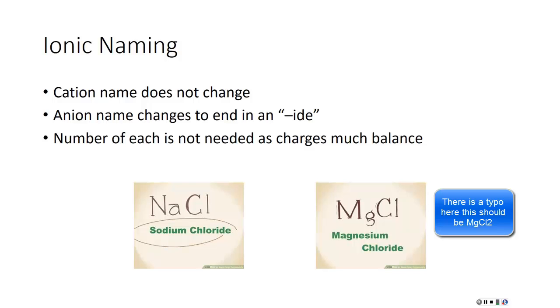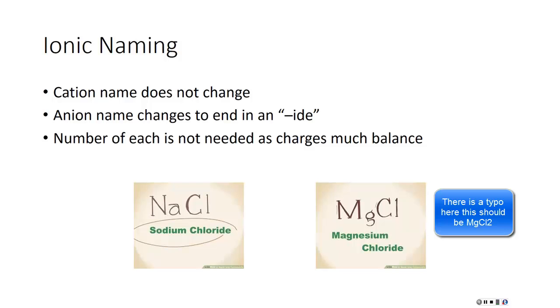So you take the element's name, so for example, here is chlorine. And you're going to change the ending to an IDE. So we're going to get rid of this, and chlorine is going to become chloride. So AlCl3 is going to be aluminum chloride.